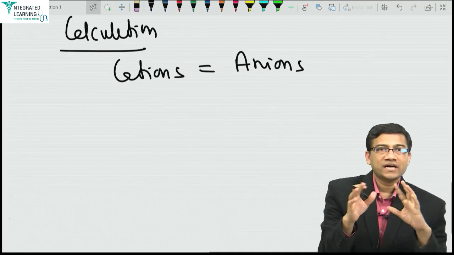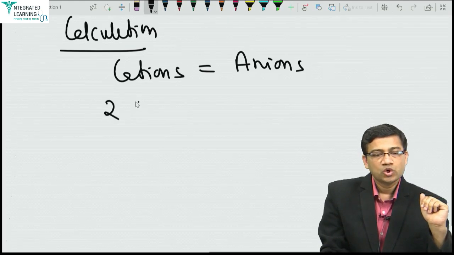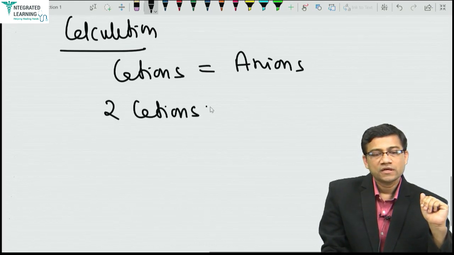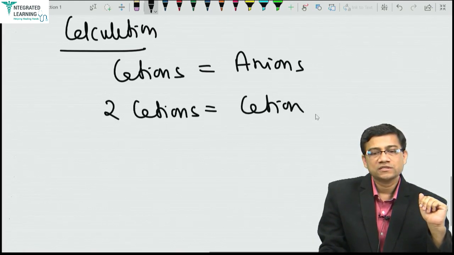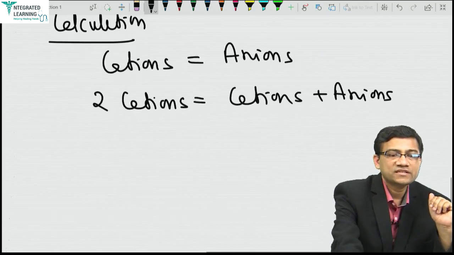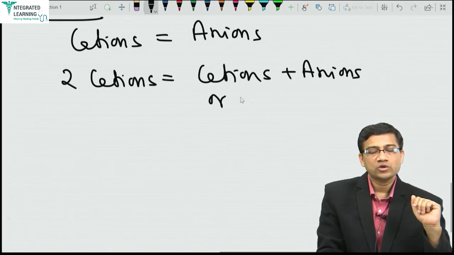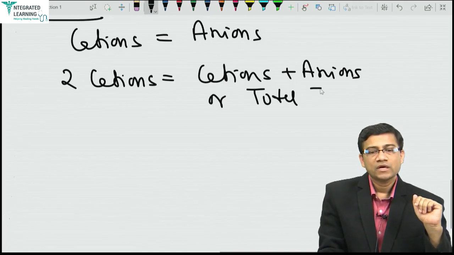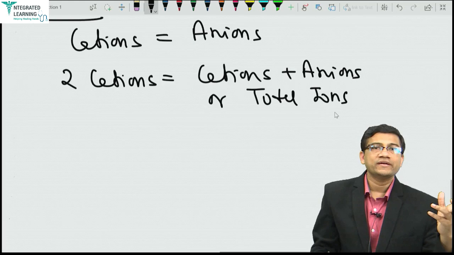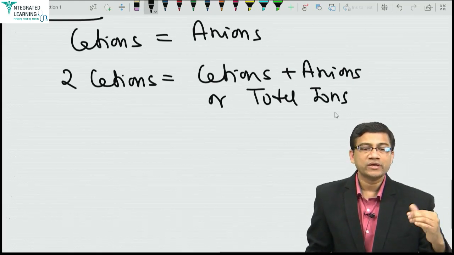So cations are equal to anions. So if I say twice cations, that is equal to cations plus anions, that is the total ions. So one easy way to know total ions is: just double the cations and you get total ions.